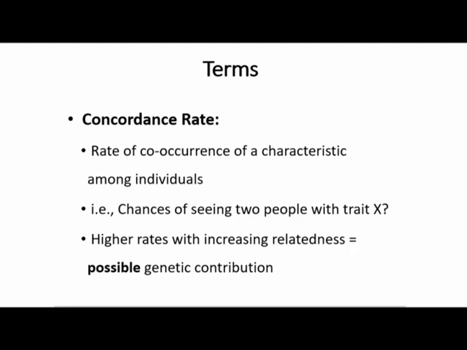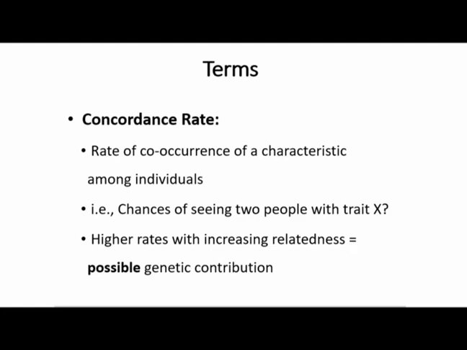But if your parents have blue eyes, you're a lot more likely than just 1 in 100 to have blue eyes. So that increased likelihood that comes with closer relatedness tells us that there's probably a genetic contribution. So a little bit of logical extension there.